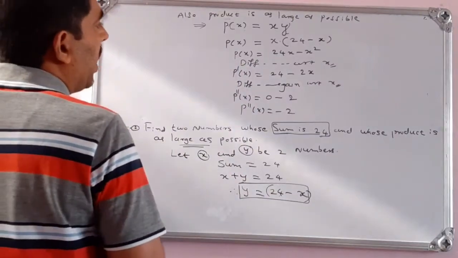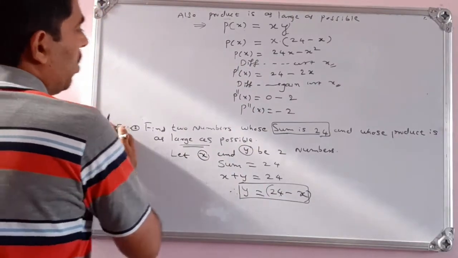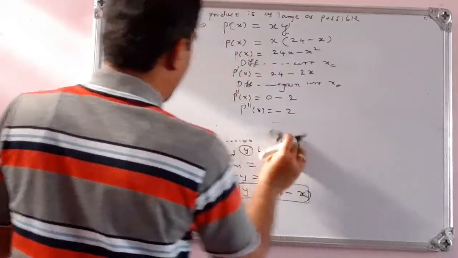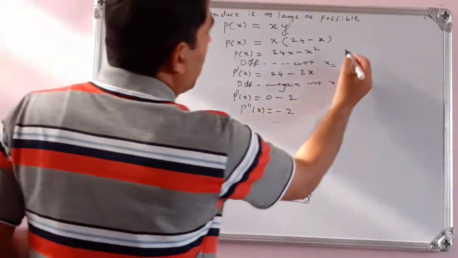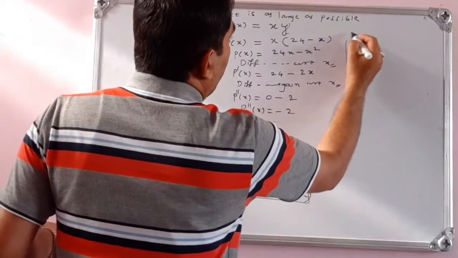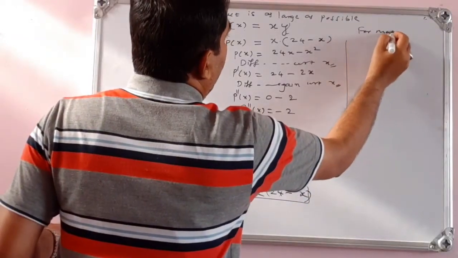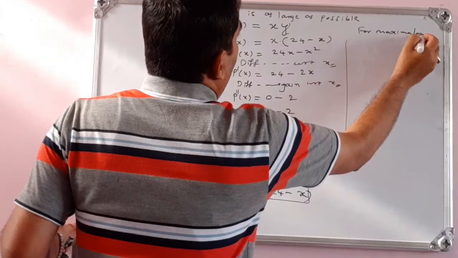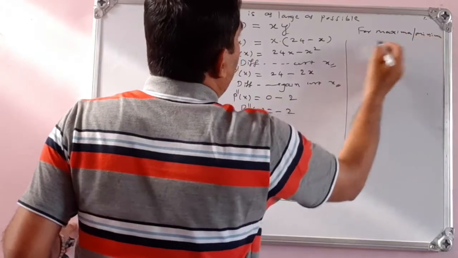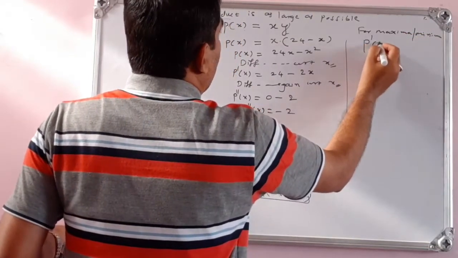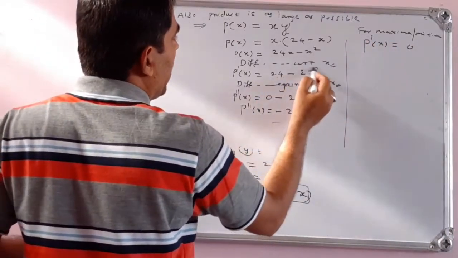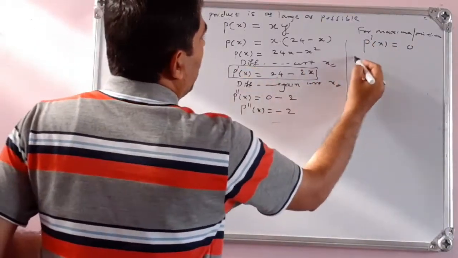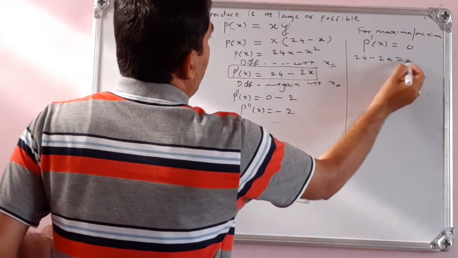Now to get maxima or minima, we know we have to equate the first order derivative to 0. That I will do here. For maxima or minima, our first order derivative should be equated to 0. The first order derivative is 24 minus 2x is equal to 0.